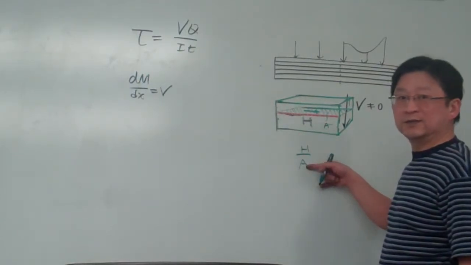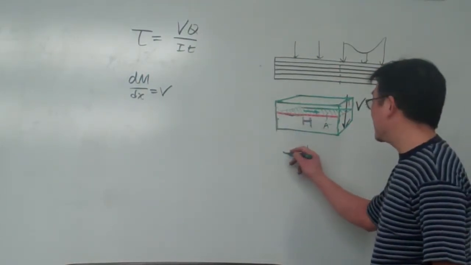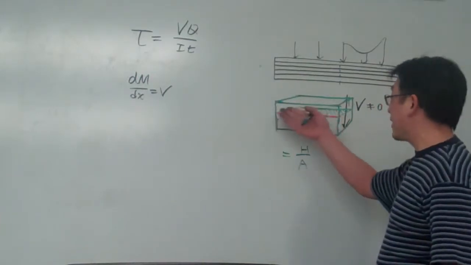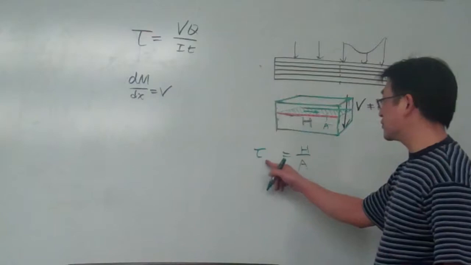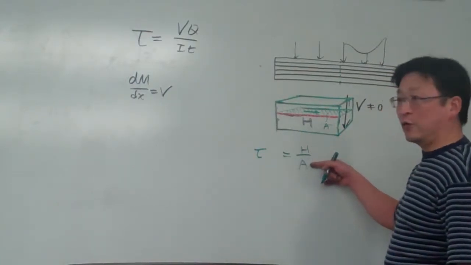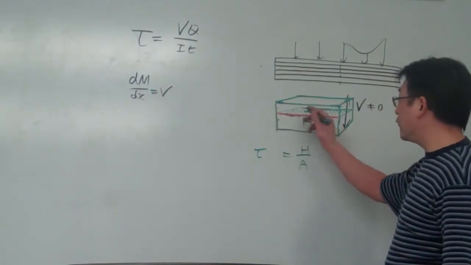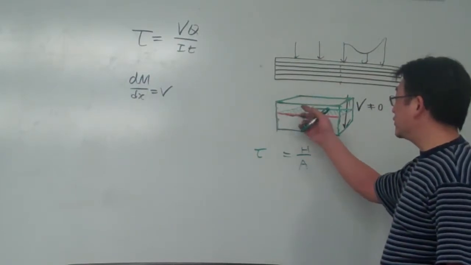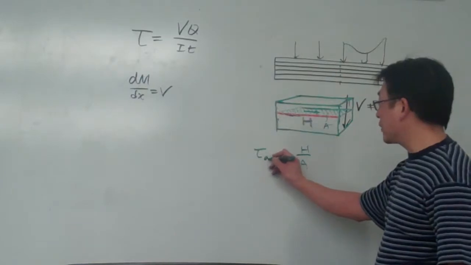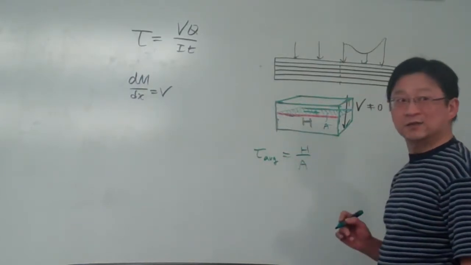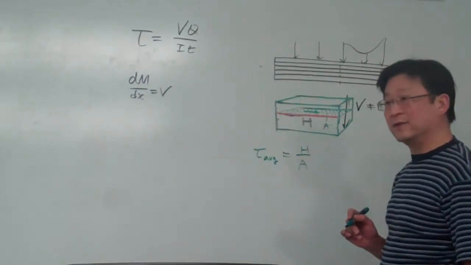Shearing or normal stress? Shearing, because H is a force parallel to that cross section. So this one we obtained is the shear stress. Because we divide by the whole area, we basically ignore the little variations from point to point in that area. So here we talk about the average stress. Are we good?